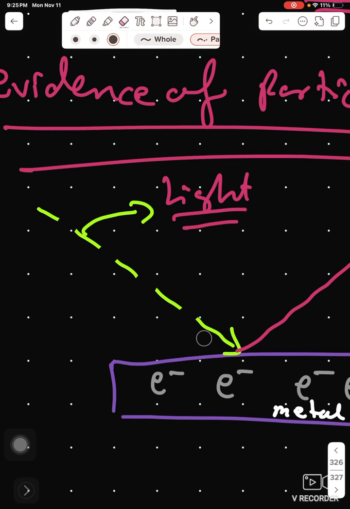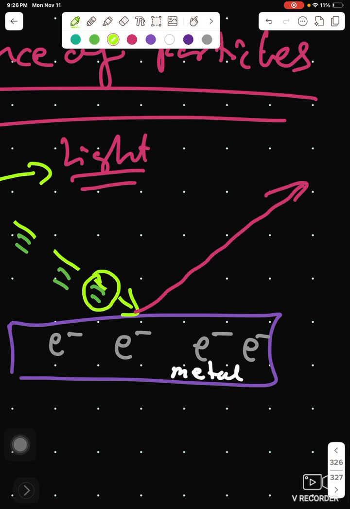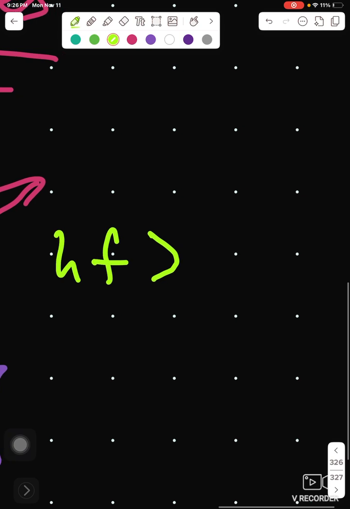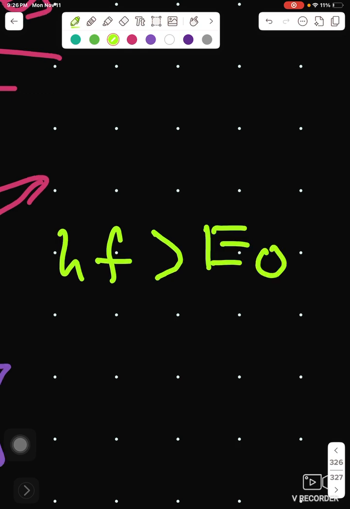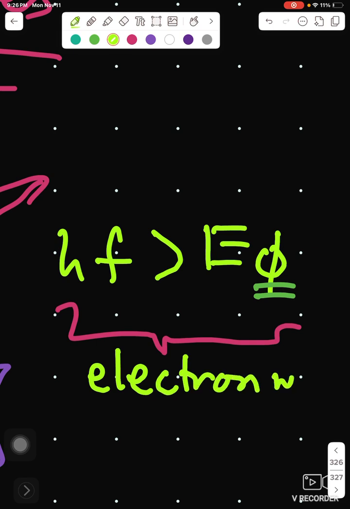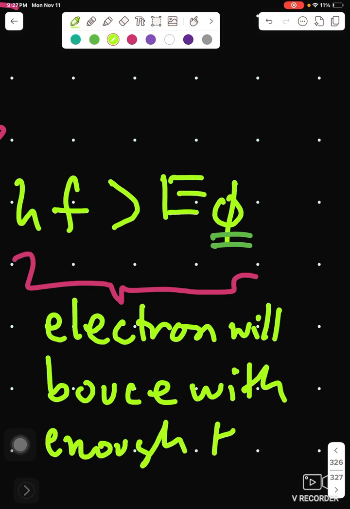Okay, imagine these as quanta of light. When each quanta of light hits the particle, if it has more energy than the binding energy of the electron, the amount of energy in the bond between the electron and the metal, the electron will bounce off with enough kinetic energy.